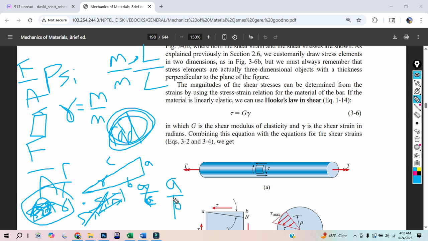So if I hand you a piece of material, I'm going to give you a value in PSI, and a value in meter per meter, or a number for radians. So this is shear stress, and this is the angle in radians, shear strain. This is normal stress, and this is the change in length per length, normal strain.